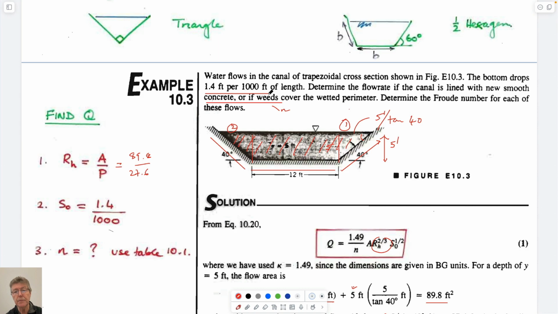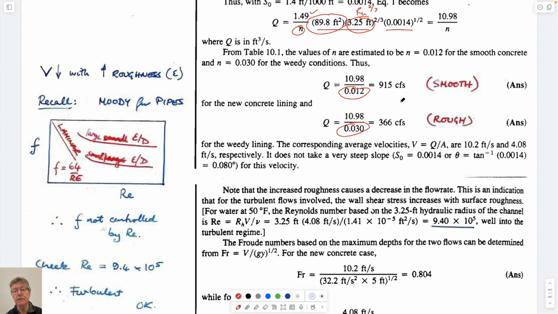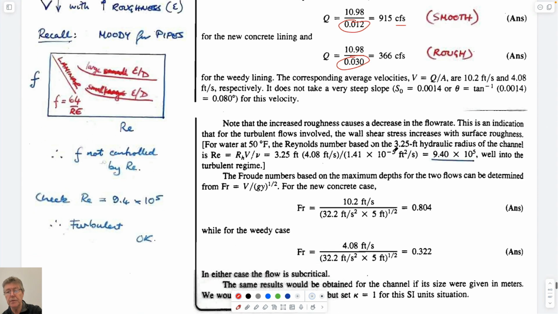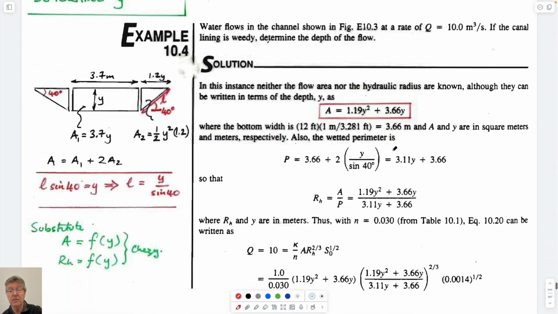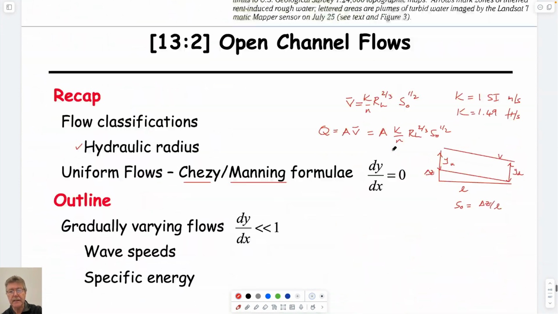So again, that's a dimensionless ratio. And it comes out that the flow rates are whatever. By definition, the flow rates are going to be for velocities in feet per second, and for volumetric flows, cubic feet per second in English units, and meters a second and cubic meters a second in SI units. So straightforward. So that's that.